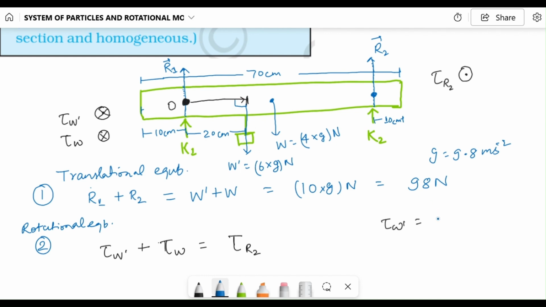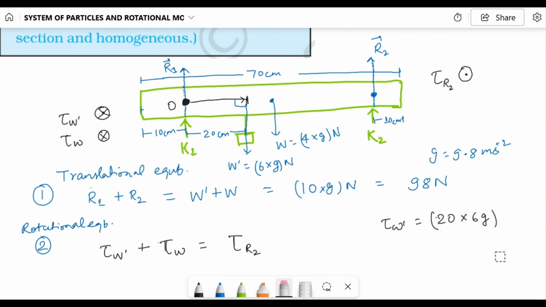So here we can write 20 times 6G. And here it will be the unit of torque, that will be Newton, and this is in centimeter, so we can write it in meter also, but let us say this is in centimeter.